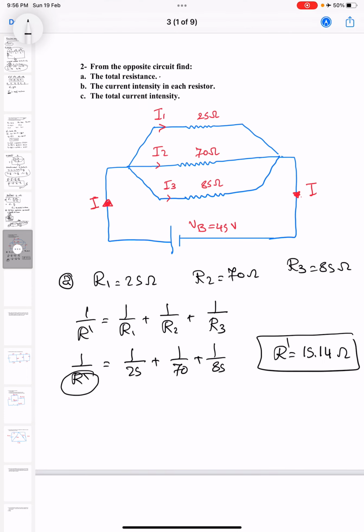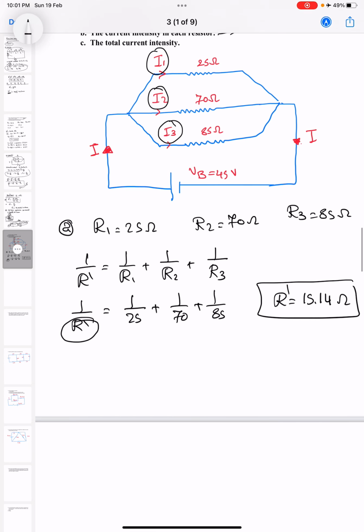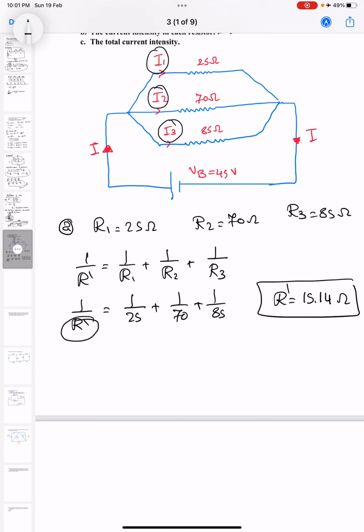The second is, okay, we get it. The current intensity in each resistor. We want to calculate the current intensity in each resistor, I1, I2, and I3. How? As we know from Ohm's law, and the potential is constant, I1 equals V divide by R1, so equals 45 divide by 25, okay?